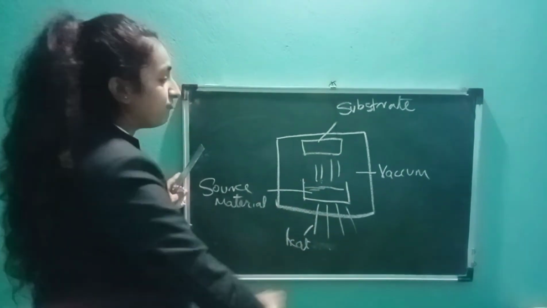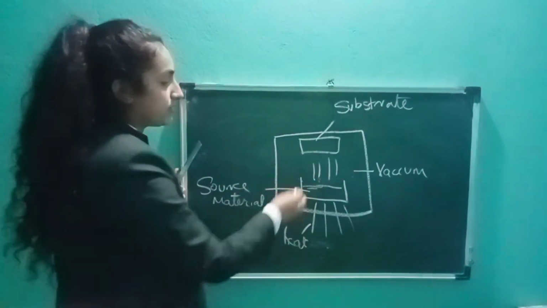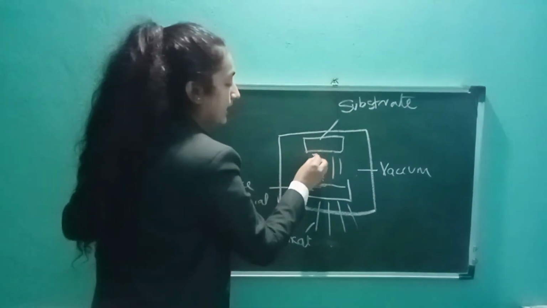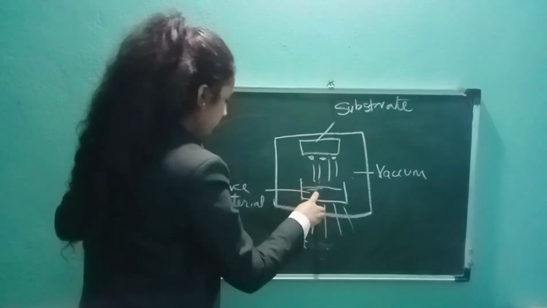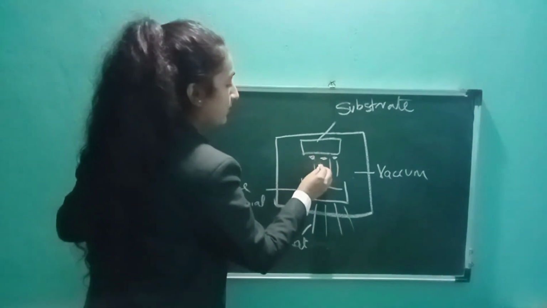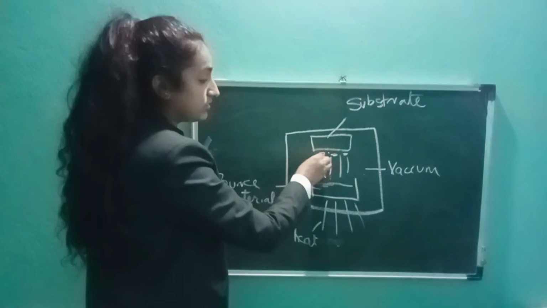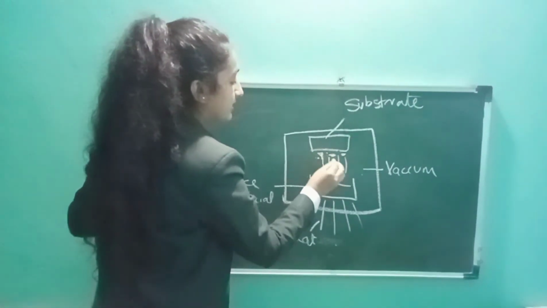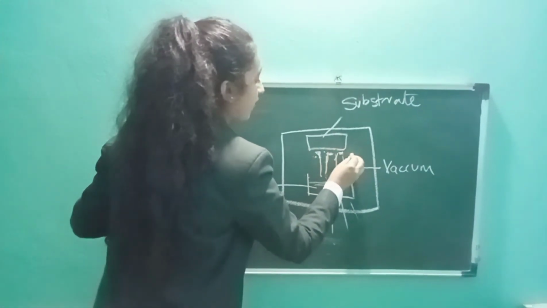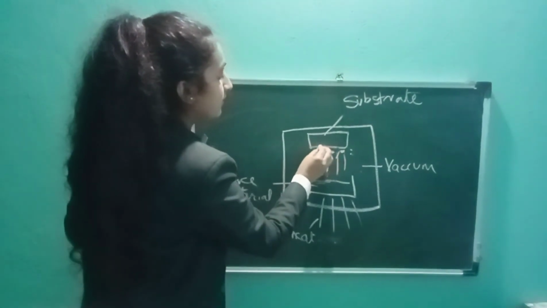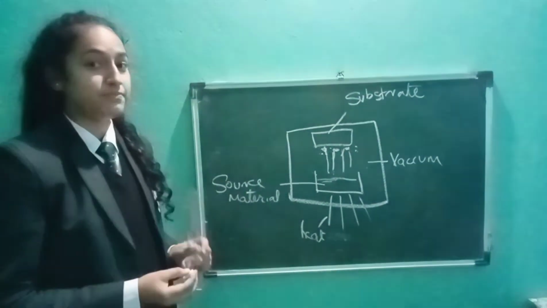If vacuum is not present and if some other gas molecules are present, then when the source material evaporates, it will stick to those molecules. For example, if there are oxygen molecules or carbon molecules, it will stick to them. So the process of thin film technique will not be good.